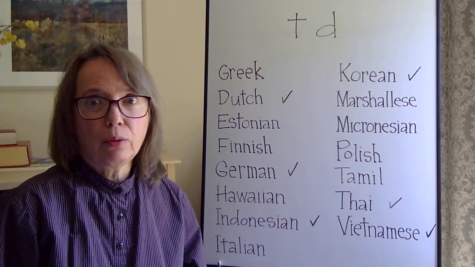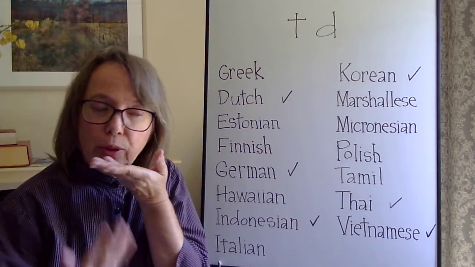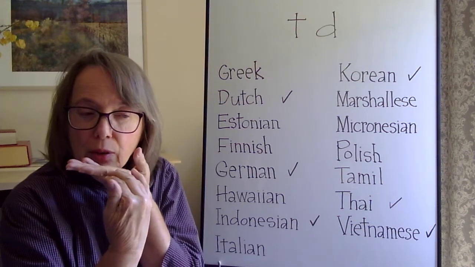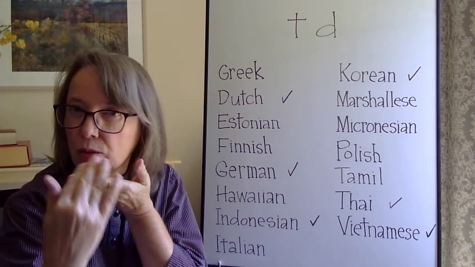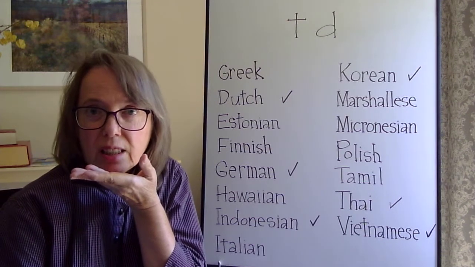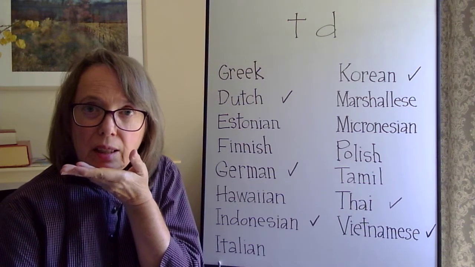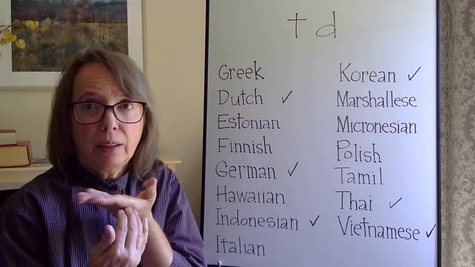They might ask you to put your hand under your mouth, because the air is going to come down rather than straight out, and pronounce test, test, test. See if you can feel air on your hand.